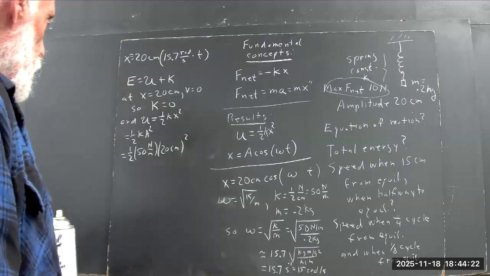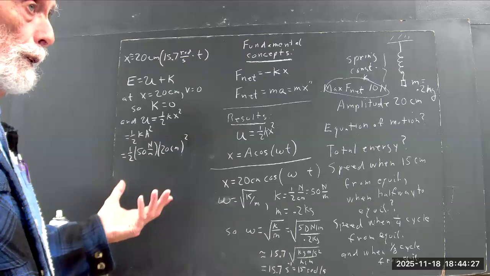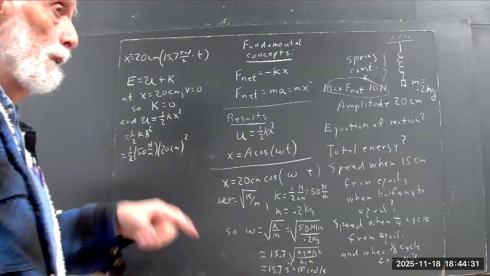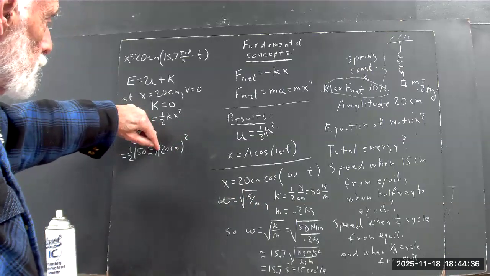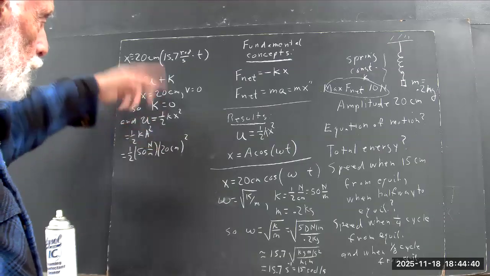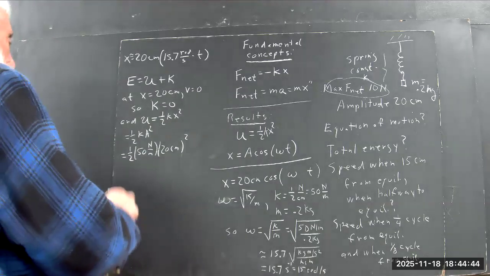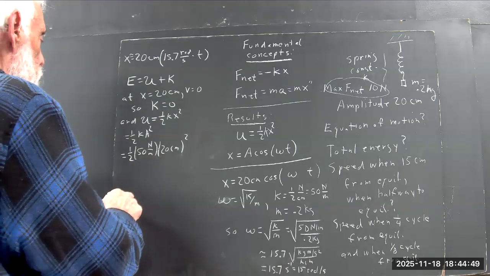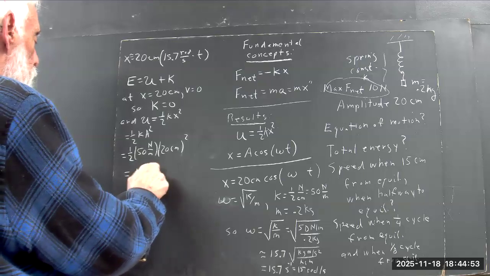Okay. Well, half of 50 is 25. 20 squared is 400, but of course, we're not going to multiply centimeters squared by newtons per meter if we are thinking. We're going to write this as 0.2 meters, and the square of 0.2 meters would be 0.04 meters squared. Half of 0.04 is 0.02. 0.02 times 50 turns out to be 1 joule.